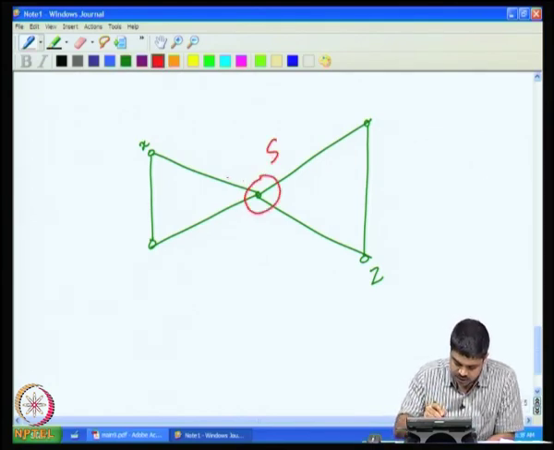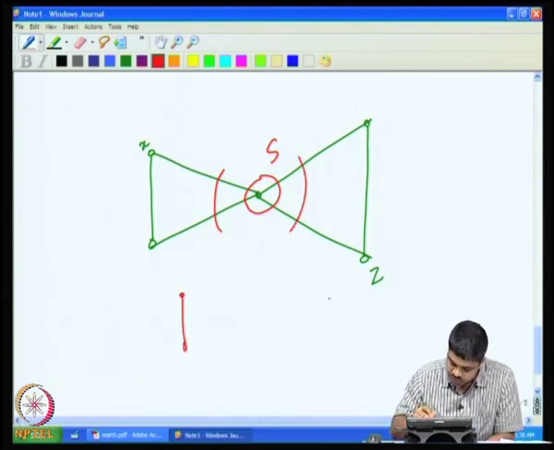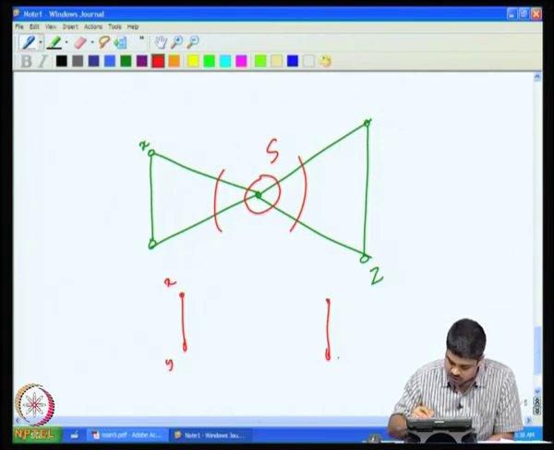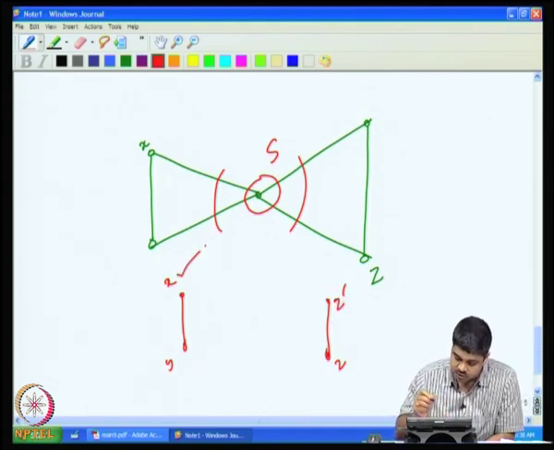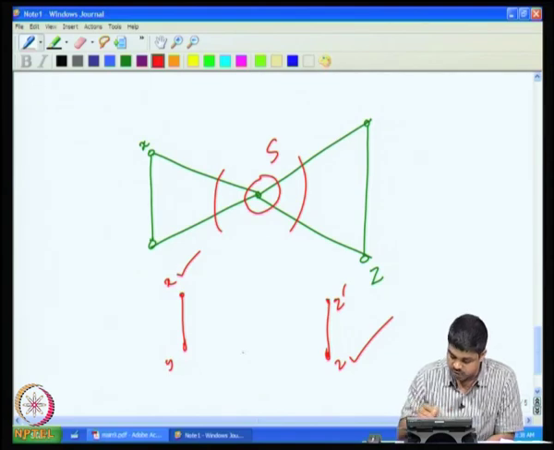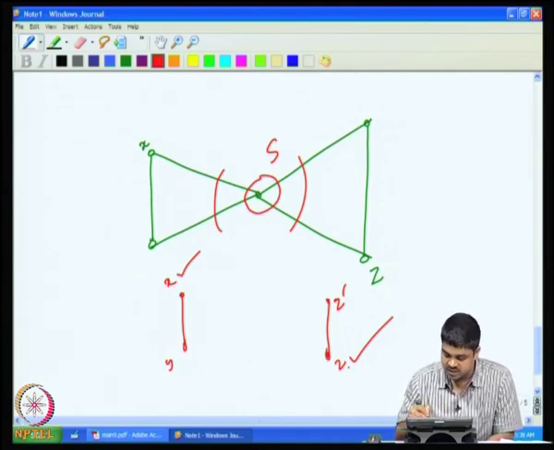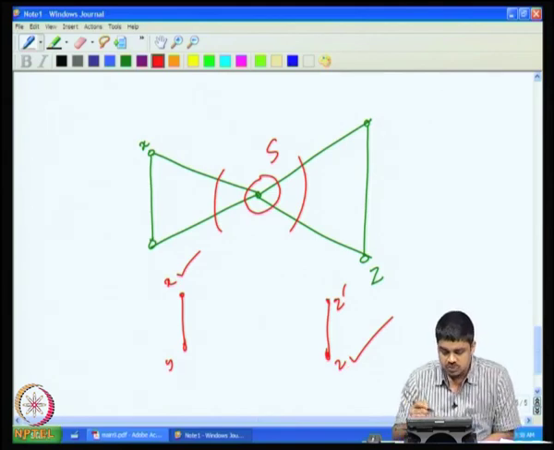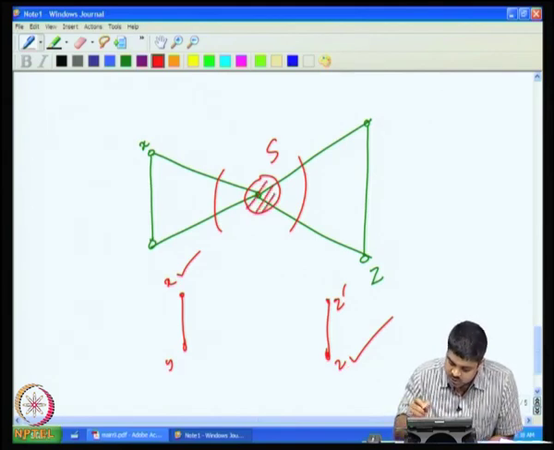The resulting graph after removing S will look like this: x, and then z, z dash. So, x is in one component and z is in a different component. You have no path starting from x and reaching z in the resulting graph. So, this is such an xy vertex cut.